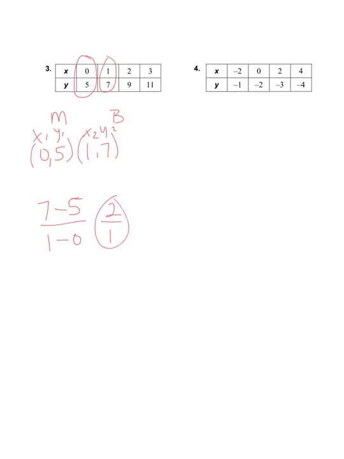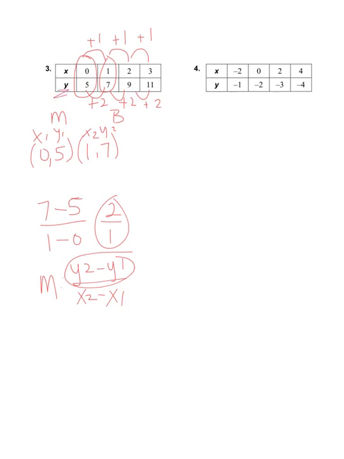So there are 2 ways you can find the slope. You can use this slope formula. Or if you don't want to use that, you can just look and see how this changes. So it's going plus 1, plus 1, plus 1. And then here it's going plus 2, plus 2, plus 2. Remember that slope is always the change in y over the change in x.